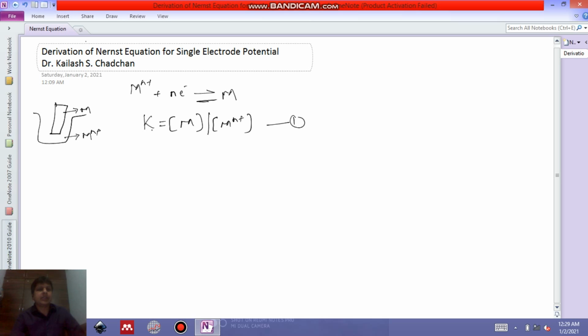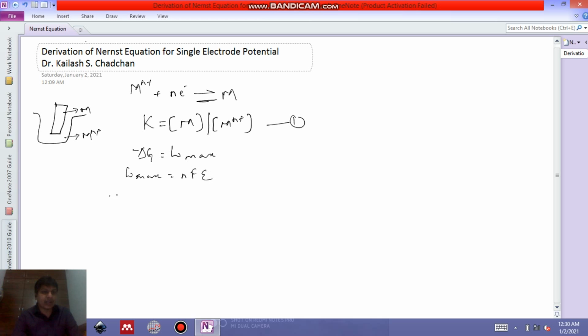Now, whenever work is done on the electrode surface, it tends to decrease the free energy. That is, there is a decrease in the free energy whenever work is done on the electrode surface. And we know that the maximum work done is given by nFE, where n is the number of electrons, F is Faraday's constant, and E is the energy or potential applied.